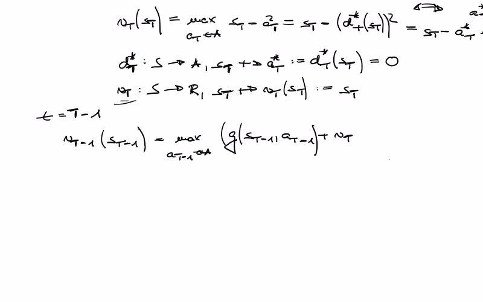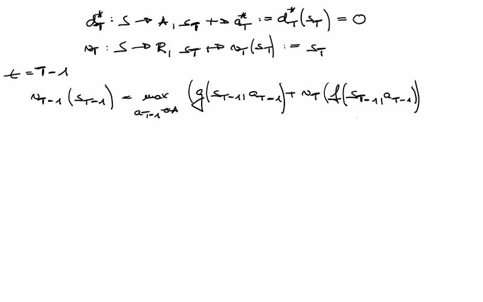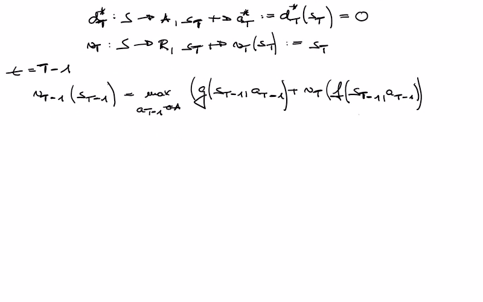evaluated at the transition function in turn, which is evaluated at a_{T-1} and S_{T-1}. And again, this is something we now have to compute, and of course we need to substitute things there. So what does this really mean?